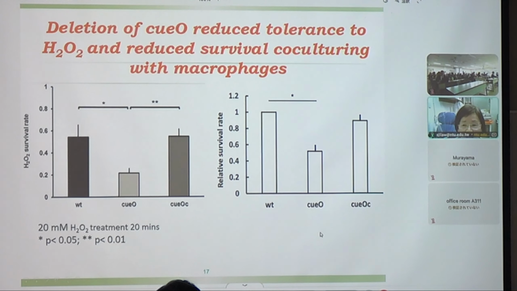And next we evaluate the effect of CueO deletion on tolerance to hydrogen peroxide and on survival in co-culture with macrophages.